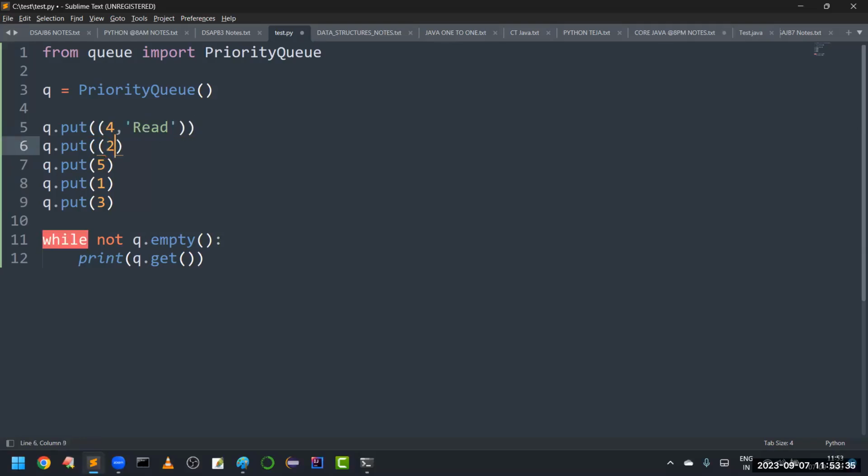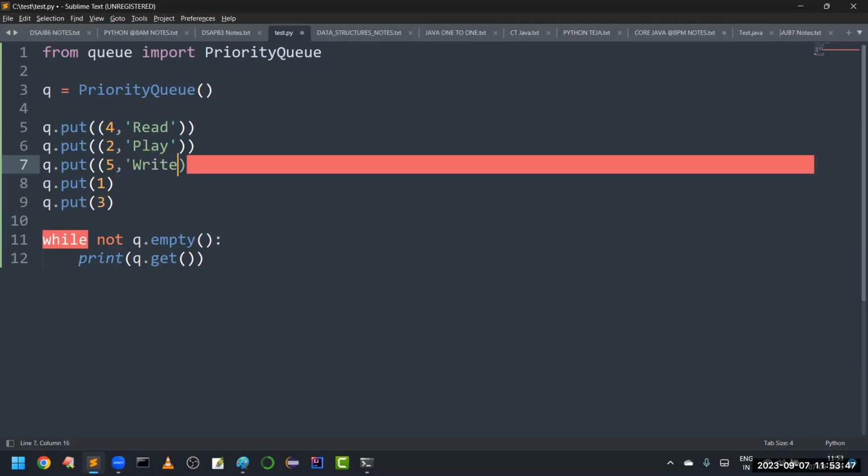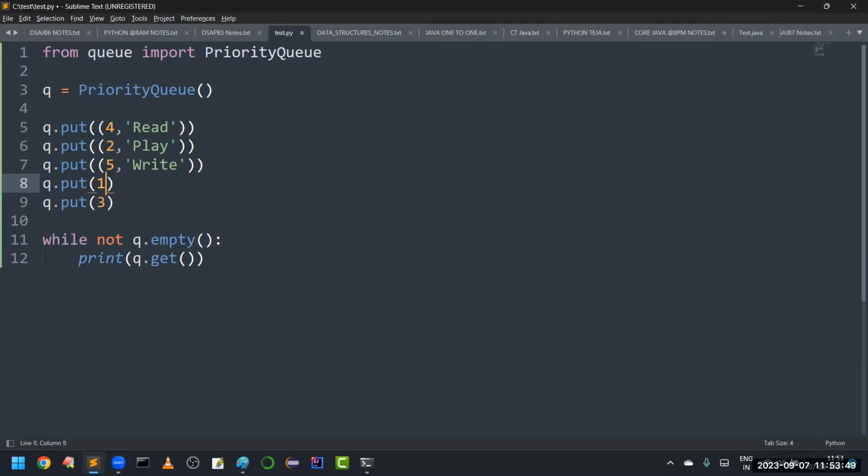Similarly 2 comma, something like play. Next 5 comma, write. Then 1 comma, code. And 3 comma, study. Like this I have given some elements, priorities and their meanings.